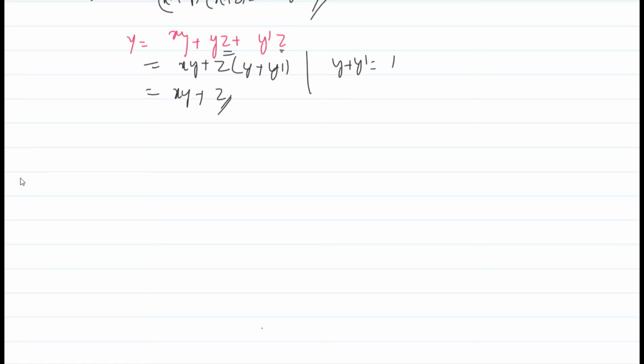Now take one more example to solve: y equals a plus a bar b. We can write prime or complement like this also. Instead of x, I have taken a, right? So to solve this, is there any possibility to solve this expression? You check now.